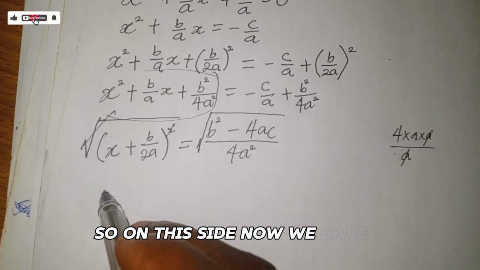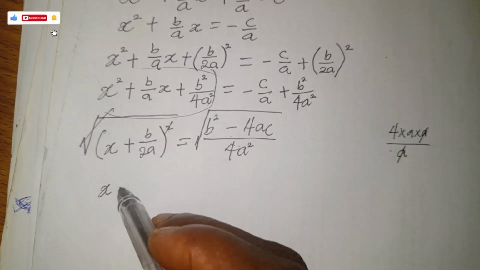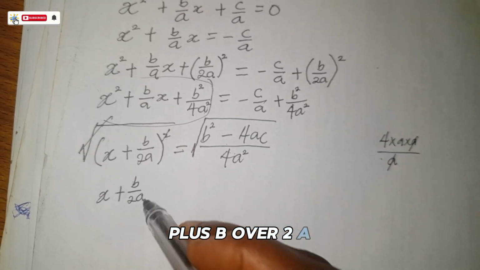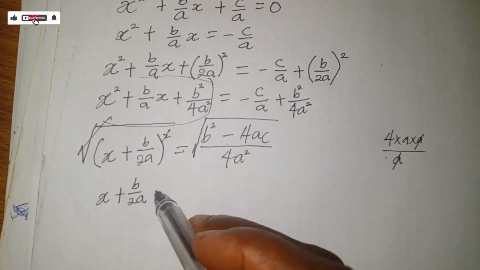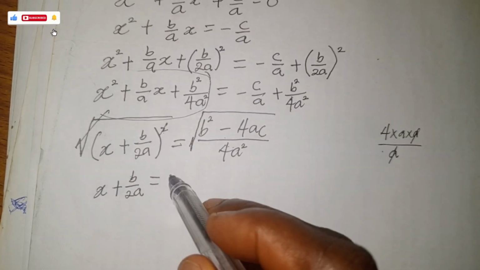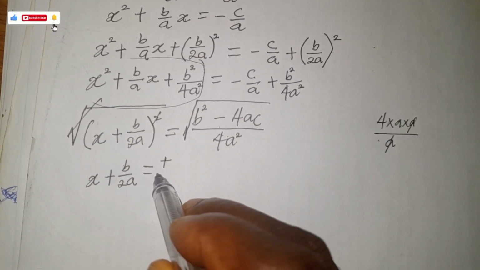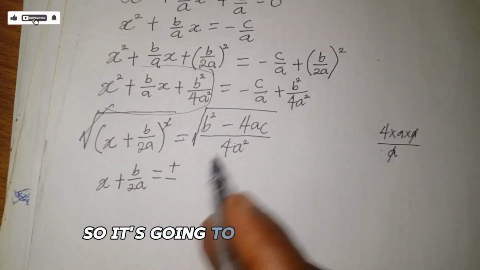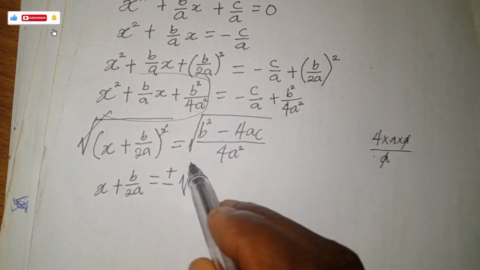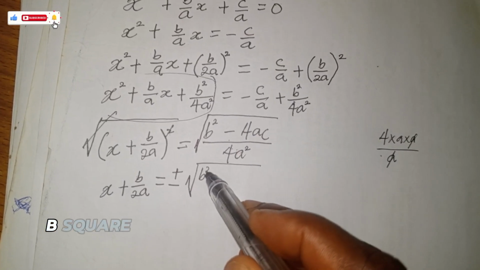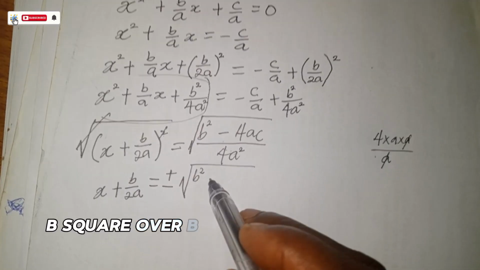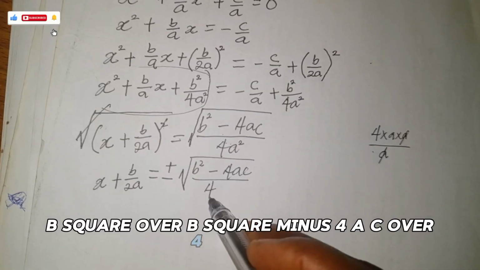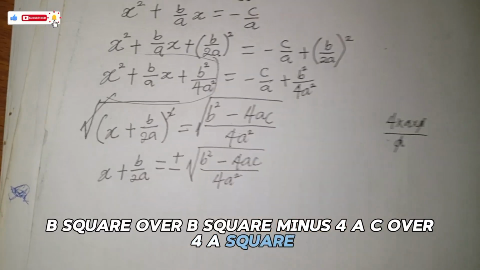So on this side we have x plus b over 2a equals plus or minus, because we are taking the square root of both sides, b squared minus 4ac over 4a squared.